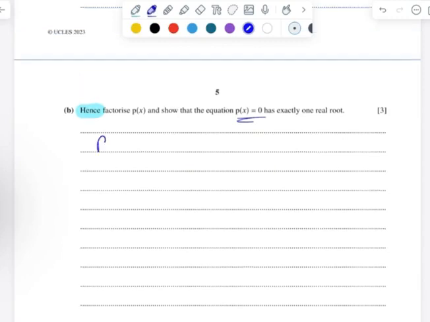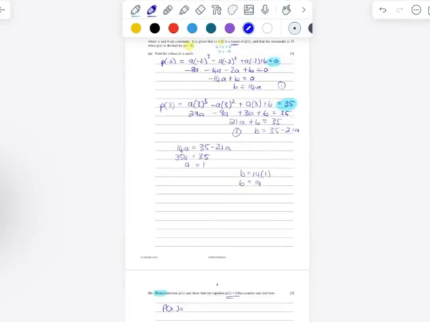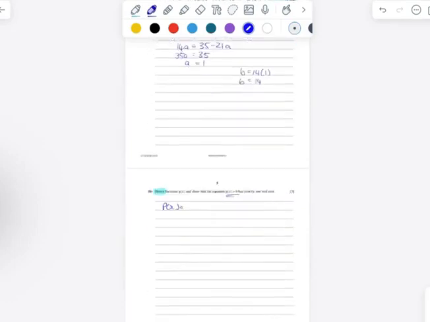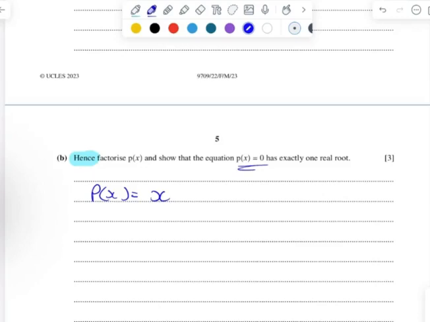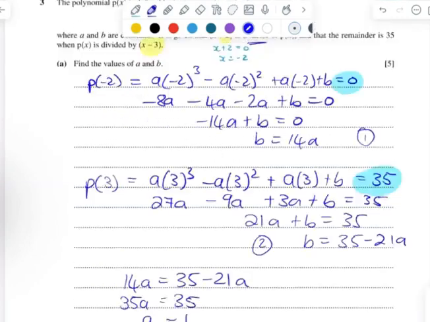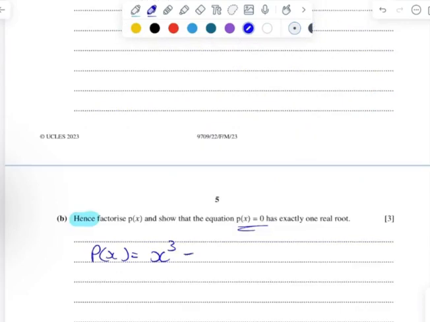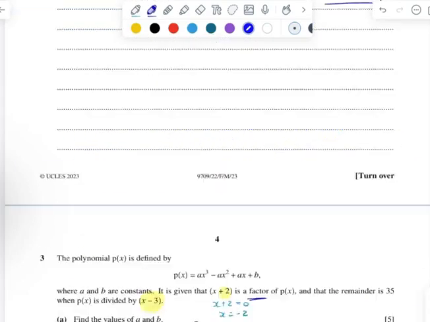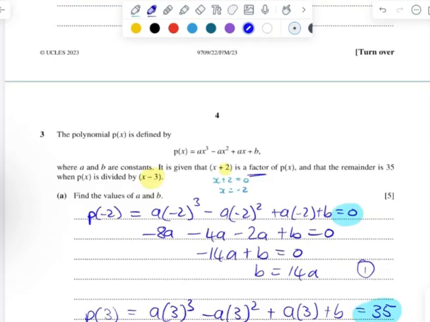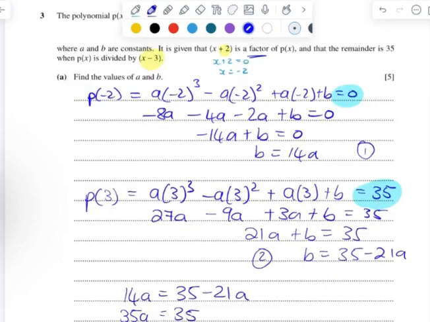First of all, I think the best thing to do is actually rewrite the polynomial with the correct values. So it's going to be ax cubed, so a is just 1, minus x squared, plus x plus 14.